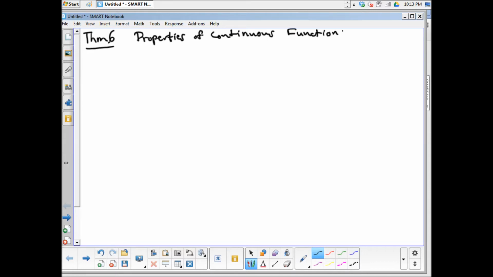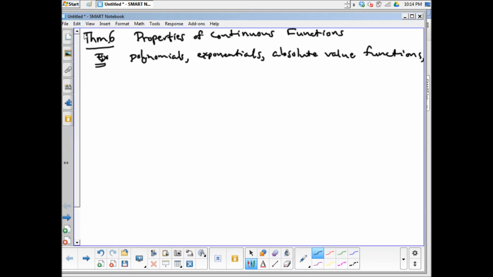There are several things that are true for continuous functions. But before we talk about that, let's talk real quickly about what some continuous functions are. Here are some polynomials, exponentials, absolute value functions, rational functions. The one we just drew a minute ago was a rational function. It had an asymptote. We said it was continuous on its various pieces.